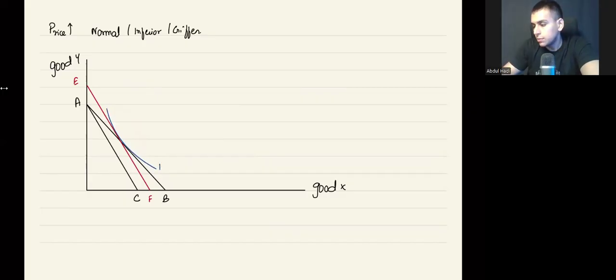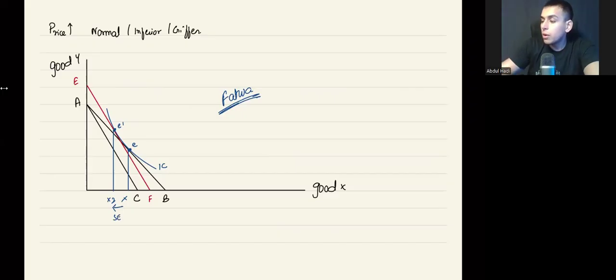This will be your initial equilibrium point E, because this is your initial budget line and this is your first equilibrium quantity X, and then equilibrium will be here X1. All right. Now this is your diagram for increase in price level. Now we are moving from X to X2, this is your substitution effect.